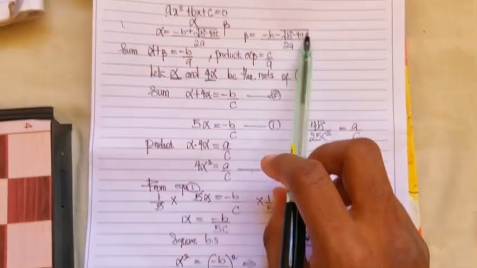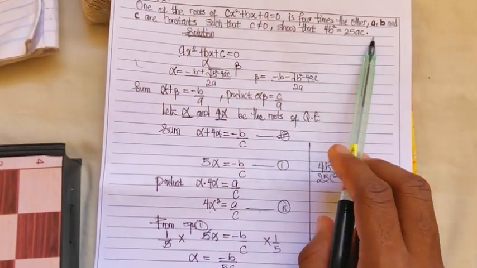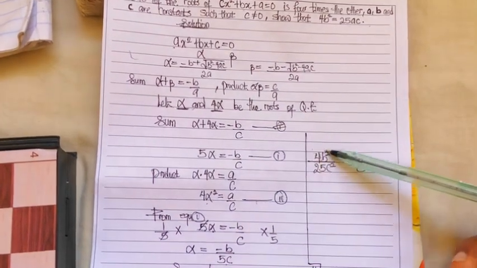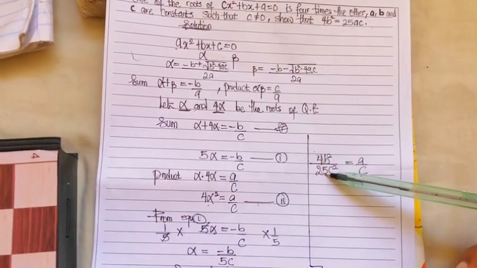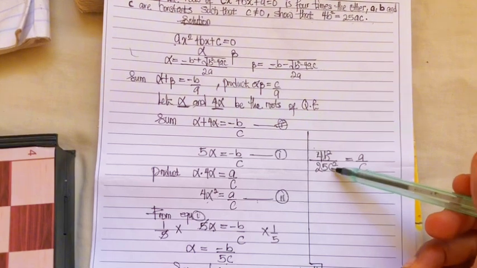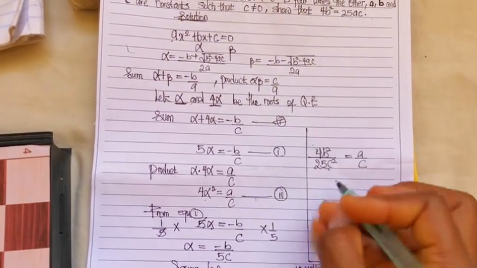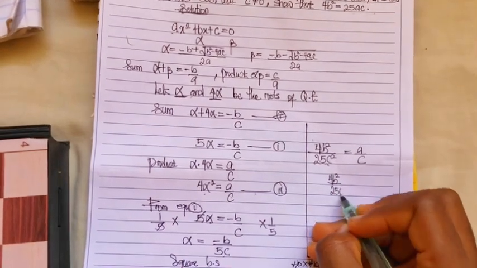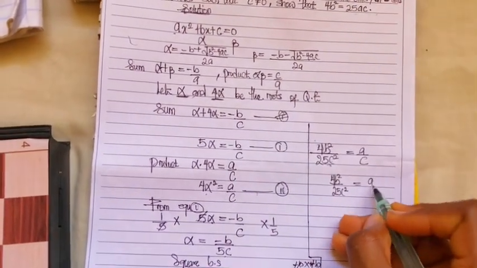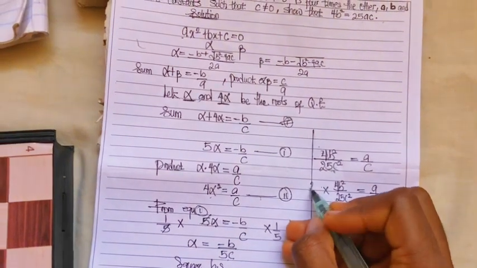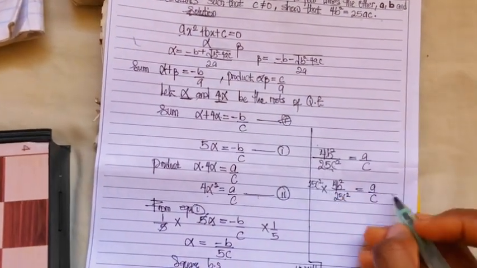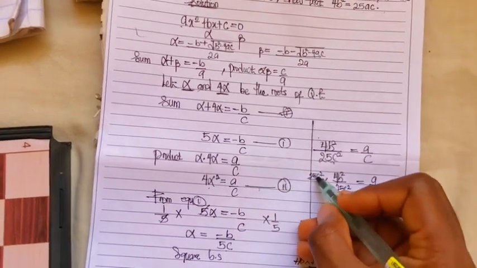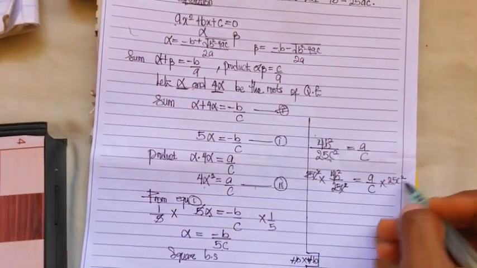But from the question, we are asked to show that 4b squared equals 25ac. So we want 4b squared to remain on the left hand side, and to remove this, I have to multiply both sides by the inverse of this. So I write 4b squared over 25c squared equals a over c multiplied by 25c squared, multiplied by 25c squared on the left. This nullifies the 25 and this nullifies this, then I'll have everything here.